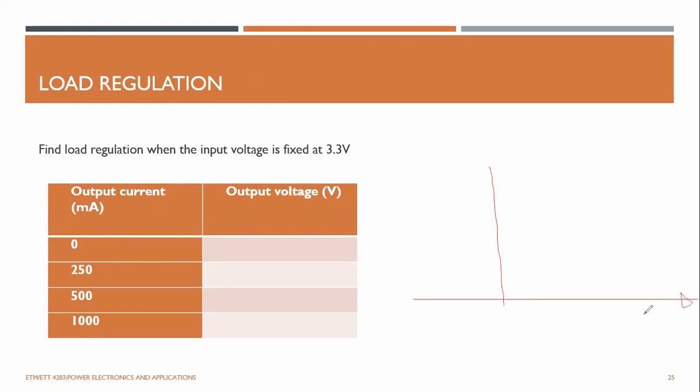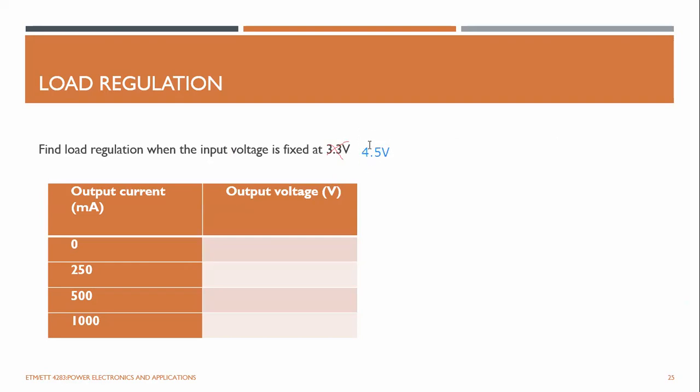This is your I out and this is your V out, and plot it by keeping the input voltage fixed. Sorry, this should be corrected to 4.5 volts.